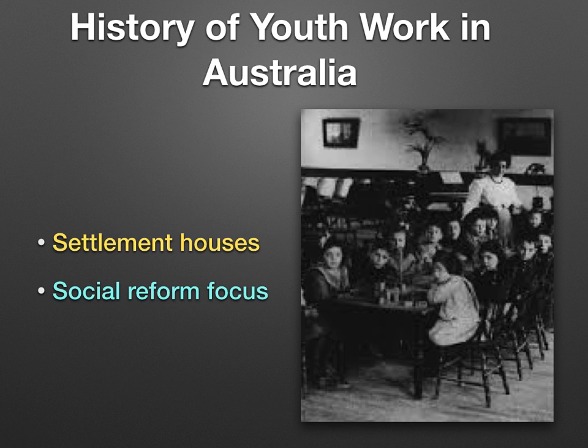They would have classes and all that sort of thing. And there were settlement houses all over Australia, Canada, England, places like that. And there's even a settlement house that's still operating today in Sydney. So the second focus was a social reform focus.